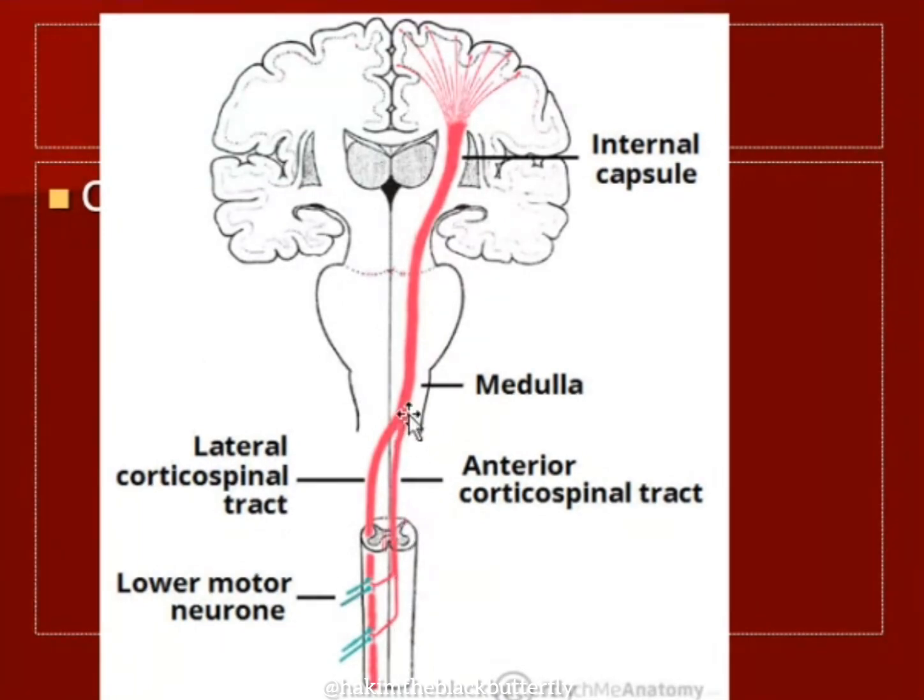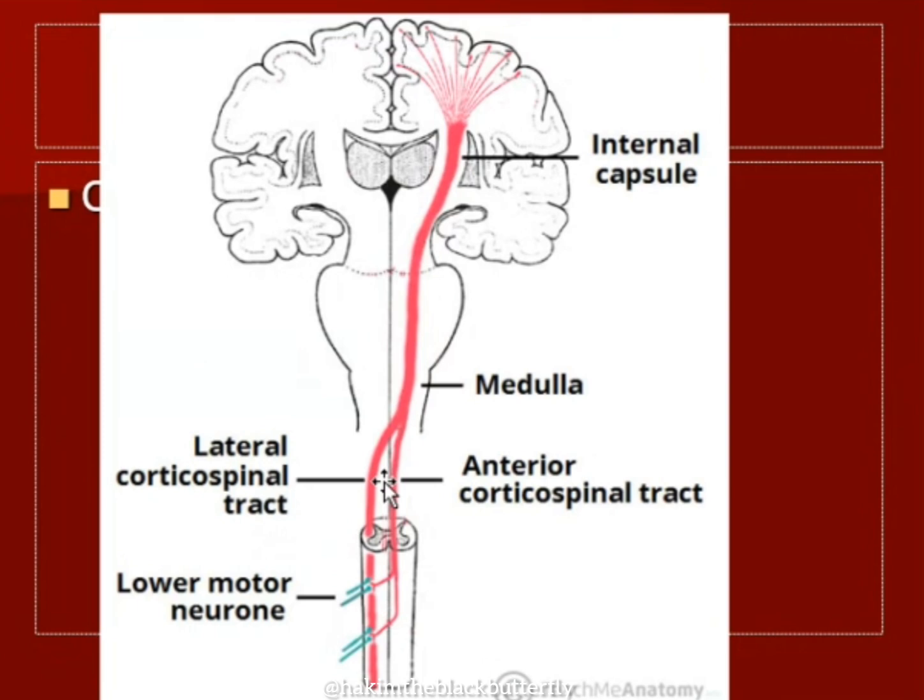So the ones which cross to the opposite side are going to supply the upper and lower limb. For the muscles of the upper limb, it is the opposite cerebral cortex. So the muscles of the left upper limb and the left lower limb are controlled by the motor areas of the right cerebral cortex, and vice versa. That is for the limbs.